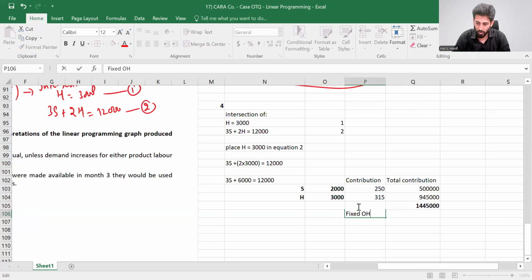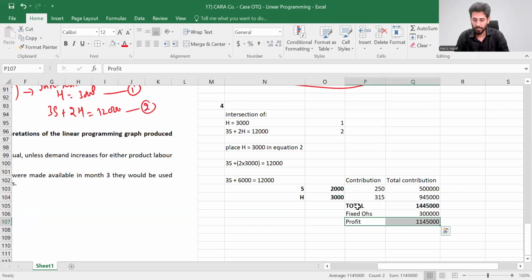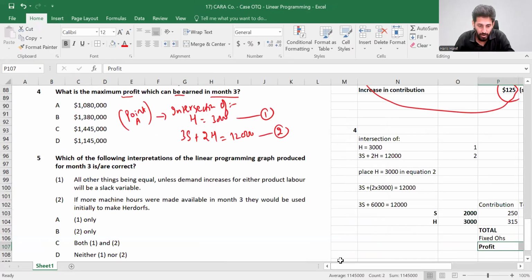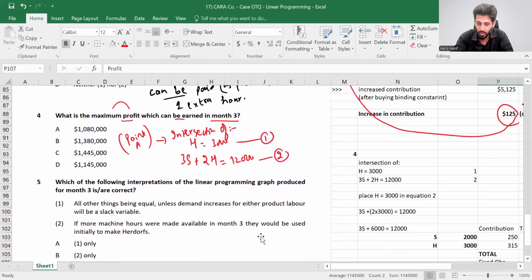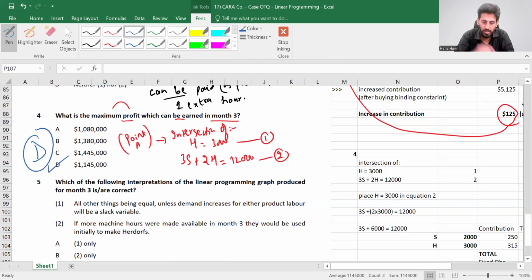So my fixed overheads are 300,000 and my profit would be, this is my answer, 1,145,000. And that is D. So this is the correct option, that is D.